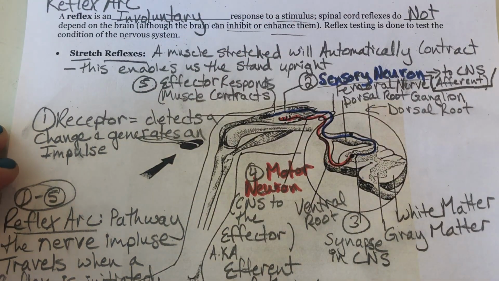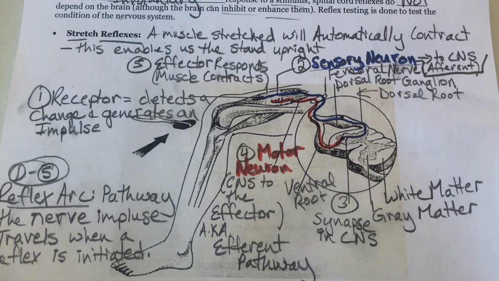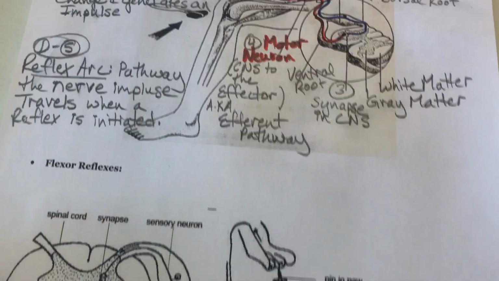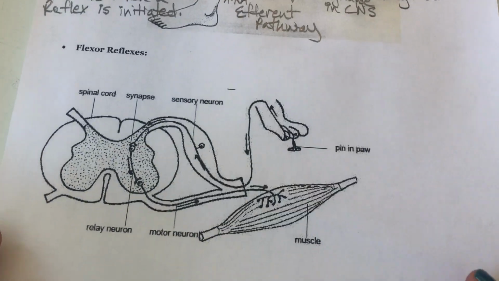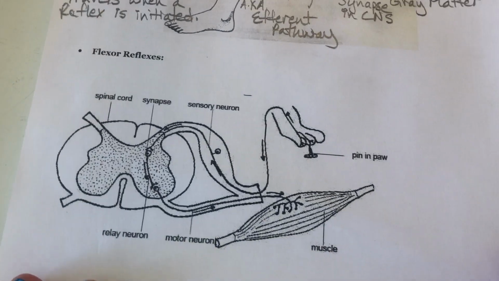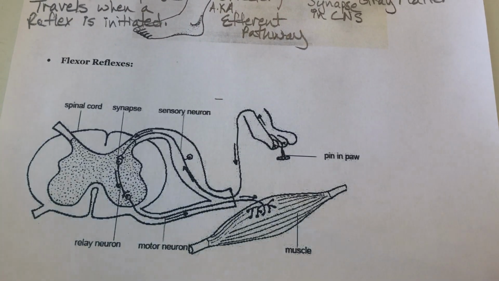Okay. Down here, we have the flexor reflex, okay? It's just a little bit more complicated because it's not that muscle itself that ends up responding. It's a flexor muscle, okay? That's why they call it the flexor reflex.